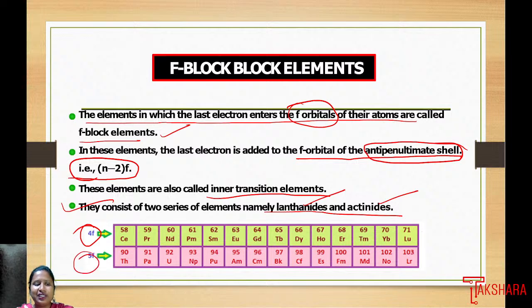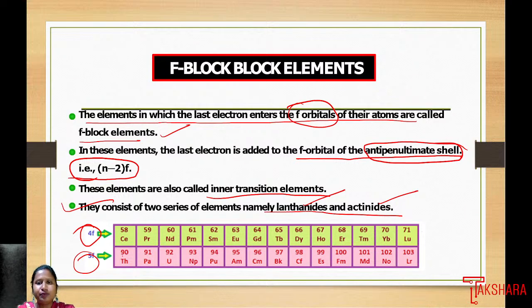The next series is the 5f series, with atomic numbers from 90 to 103, from thorium to lawrencium. Together we call all of these f block elements or inner transition elements. That is a small introduction to the f block elements.